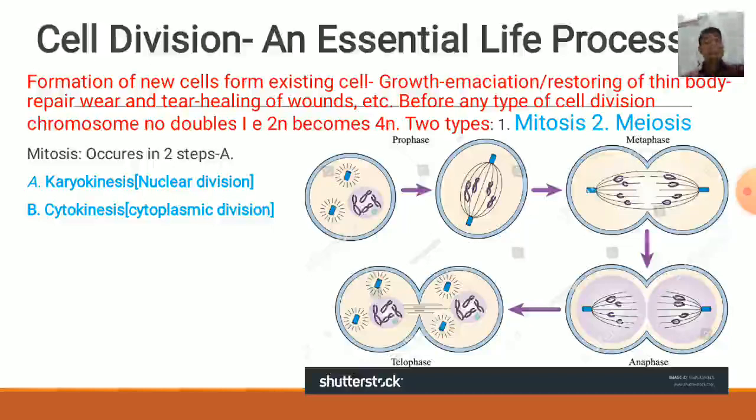Does the number of cells in the body increase? If yes, how? Answer, cell division is necessary for growth. And the last question, how is a new individual of a species formed from an existing one of the same species? It is formed due to reproduction.